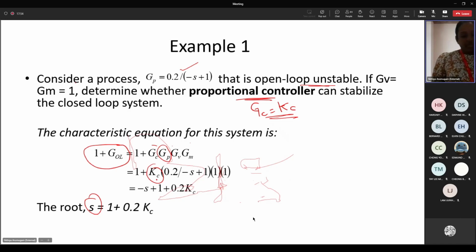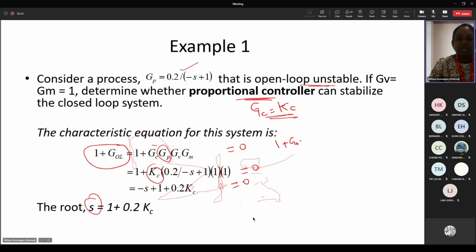So our aim is to find the root, right? For the stable system, we assume 1 plus GOL equals 0, so the entire thing will be equal to 0.